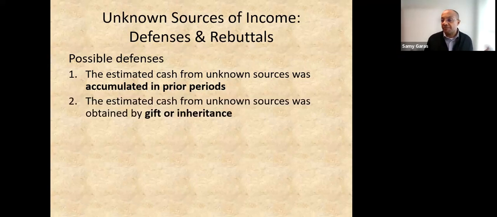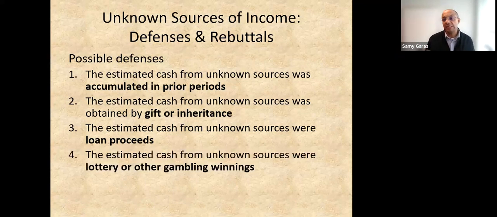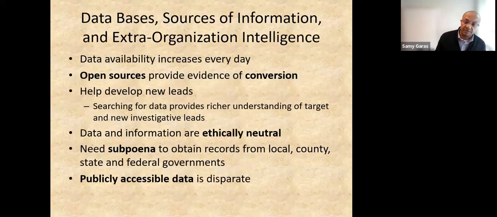Another source is a gift or inheritance gained by the criminal person during this year. Another one, a loan. Maybe the person has received a loan and this loan has not been included in the bank statement. The last one is lottery or gambling winnings or any other source. So remember, the unknown sources don't have to be illegitimate. They could be legitimate sources, but again, we need to search for the information on them.